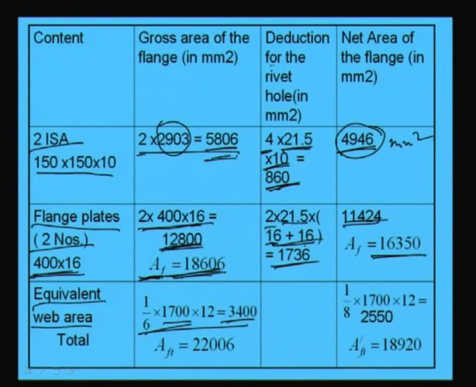So, if we go on adding with this again, AFT will become 22006, 22006, and here the net area will become this 18920, right. So, in this way we can find out.